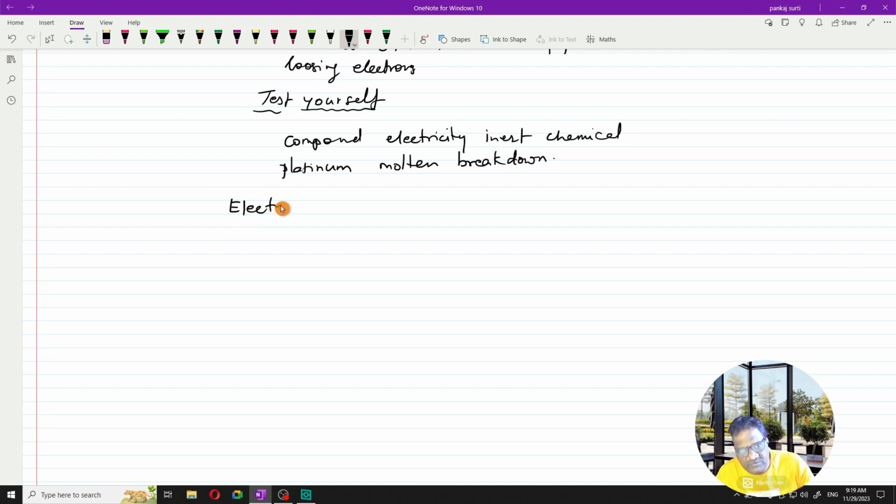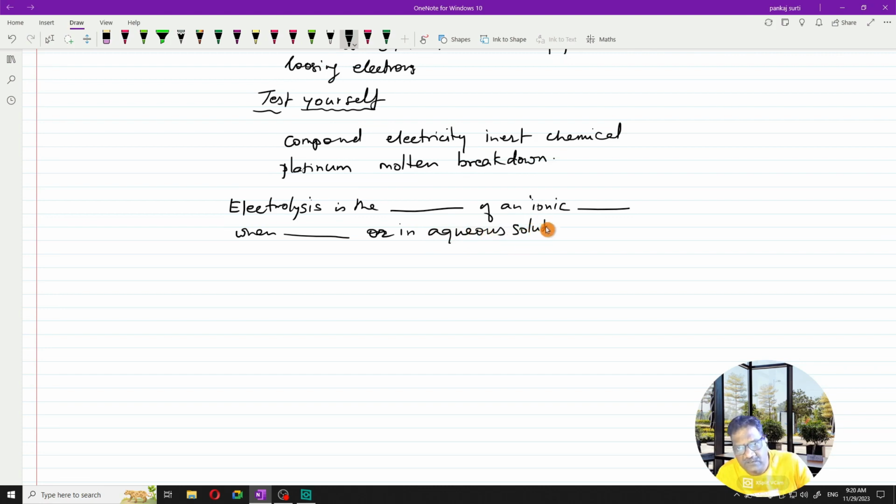It is written that electrolysis is the dash of an ionic dash when dash or in aqueous solution by the passage of dash.